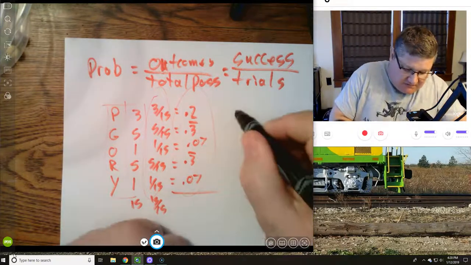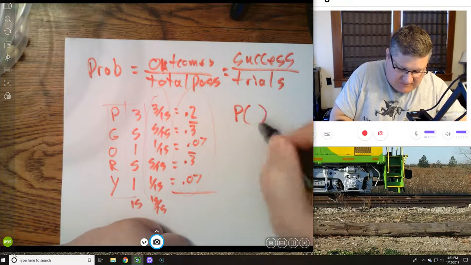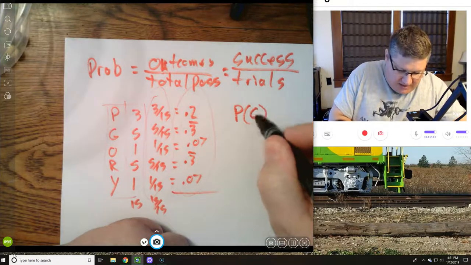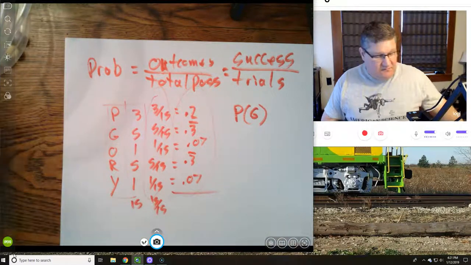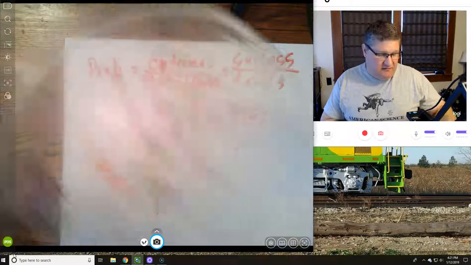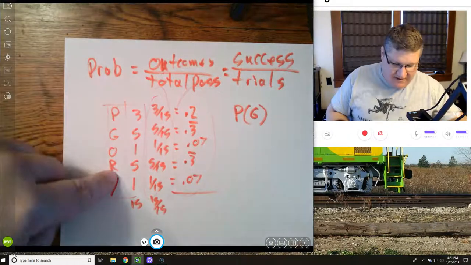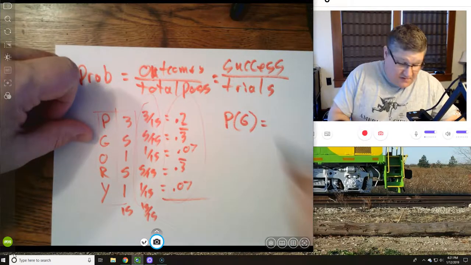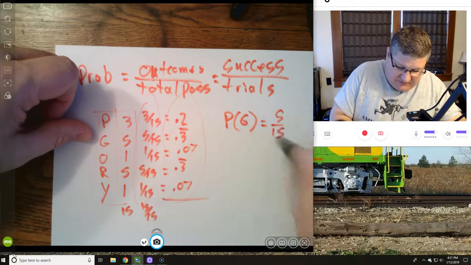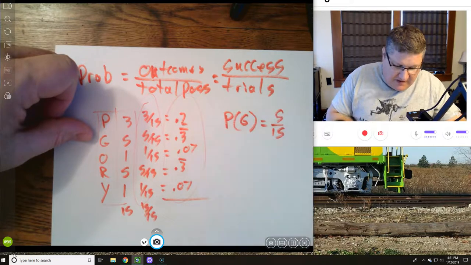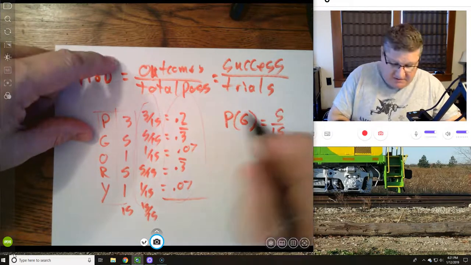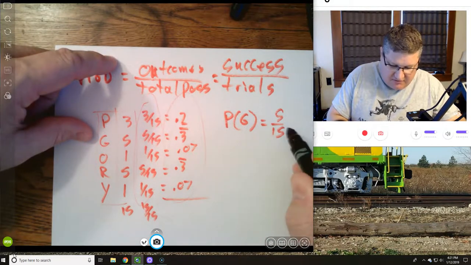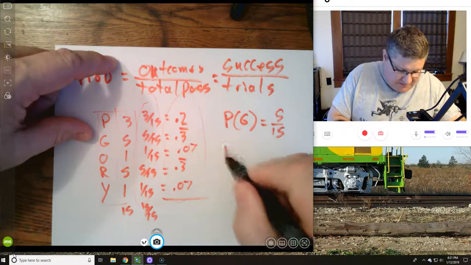Now, we also talked a little bit last time about the notation, if I wanted to pull a green. Let's not take my bucket, even though I could do that with experimental probability. We have the math. The chances of getting the green would be 5 out of 15. So probability of getting green, 5 out of 15.